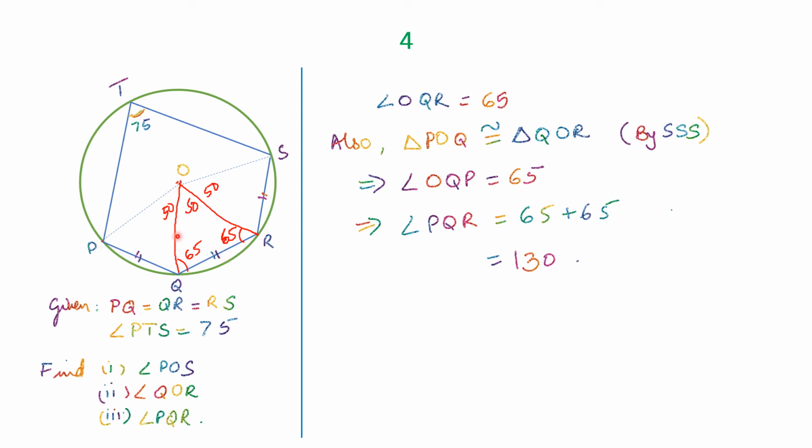This implies triangle POQ is congruent to triangle QOR, which implies that this angle is also going to be equal to 65, and therefore angle PQR is equal to 65 plus 65, which is equal to 130.